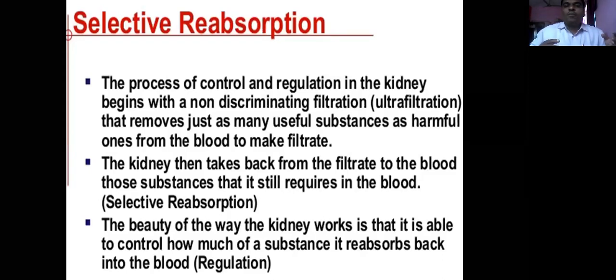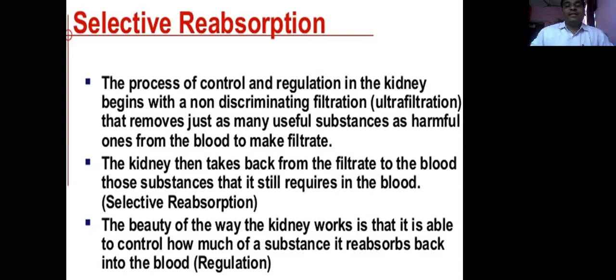The process of control and regulation in the kidney begins with non-selective filtration, which is called ultrafiltration, that removes just as many useful substances. It means along with the harmful substances, some useful substances may also be filtered, and such important useful substances are reabsorbed, which is called selective reabsorption.